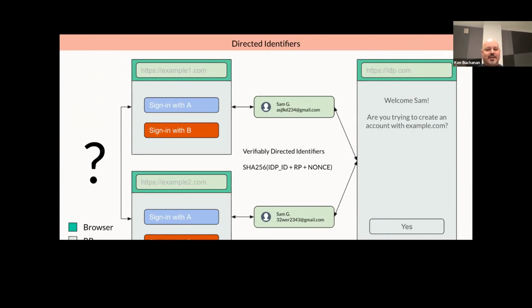But if we could have a standardized way of doing that on the web, one of the things we're thinking about is this notion of verifiably directed identifiers, which allows the browser to positively assert that an identifier is directed and it's not global and it can't be correlated. That can be done using hashing. So that's a little bit orthogonal. It has some trade-offs built into it as well. It's also orthogonal to the other things we're going to talk about, which is the high-level approaches I'm moving on to now.